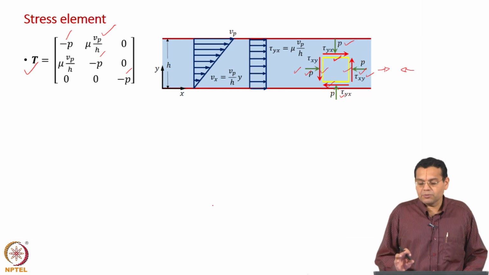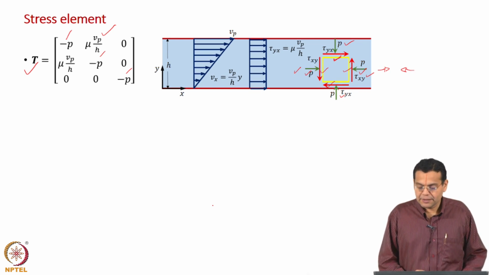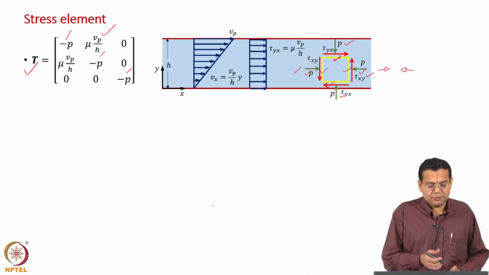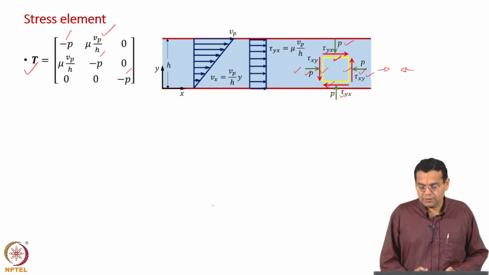So, now it is much more meaningful. Earlier they were just numbers; we did that for practice to understand what a stress element is. Now, we are really using it to describe the state of stress in a fluid flowing between two plates, one fixed, the other moving. And we can evaluate that as well, because mu, V p, h are all known to us.